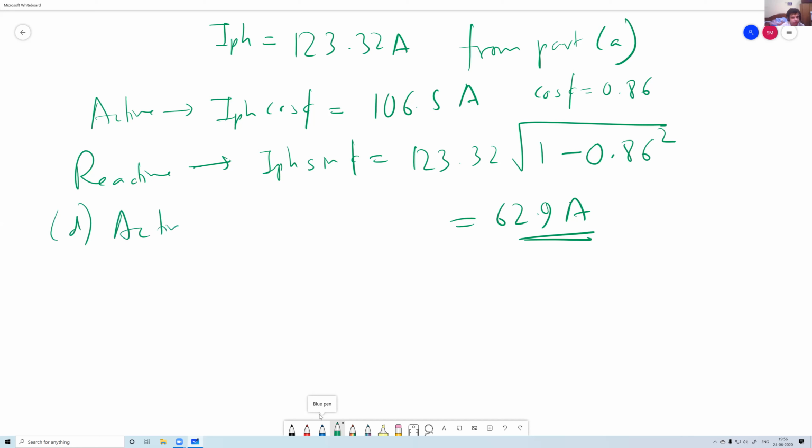Active and reactive currents in the alternator phase.